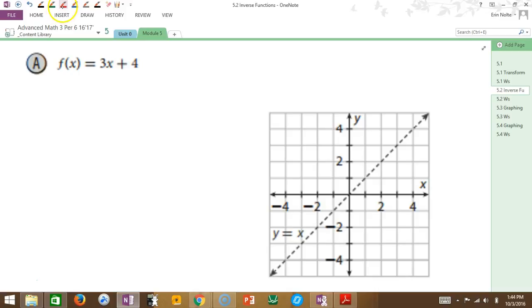Oh, y-intercept is 4. Okay. Then what? So slope is 3, which is 3 over 1, so we go down 3, left 1, down 3, left 1, down 3, left 1, and draw a super straight line.